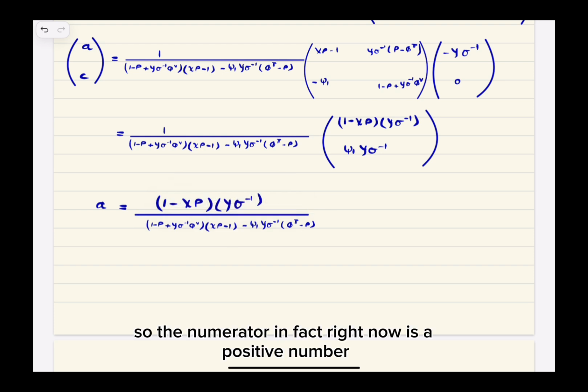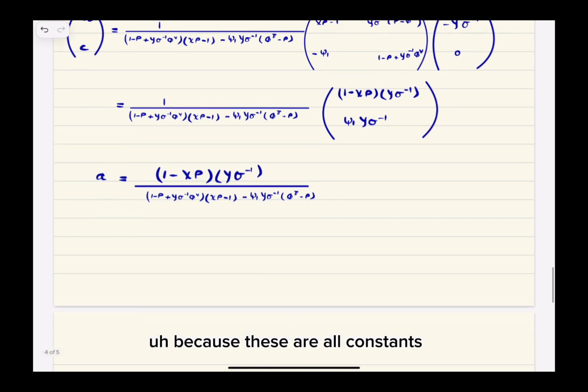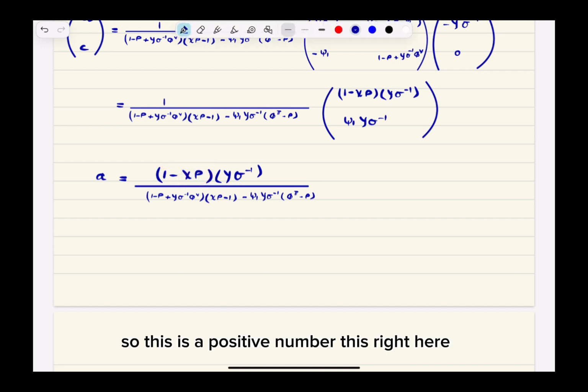Okay, so the numerator, in fact, right now is a positive number because these are all constants. These are small numbers and they are going to be less than 1. So this is a positive number. This expression is positive. This is positive. I'll just write, this is a positive expression, this is positive. This is also positive. I'm not sure about this one though.